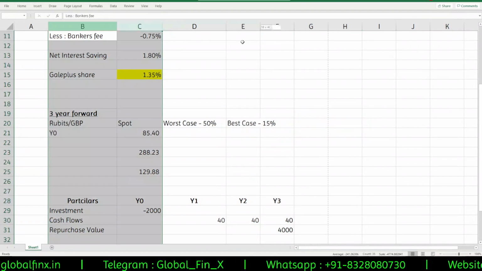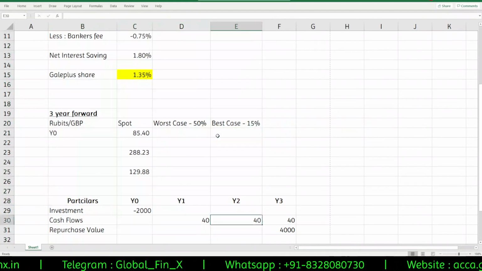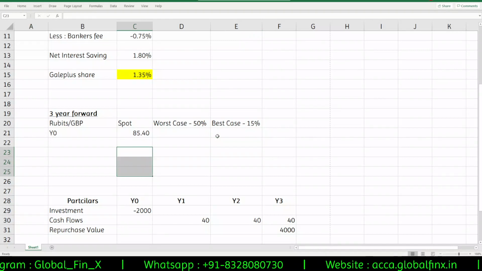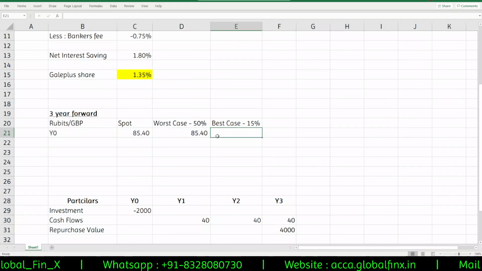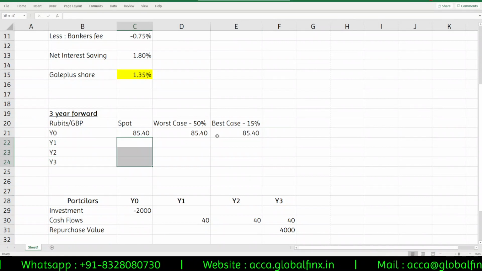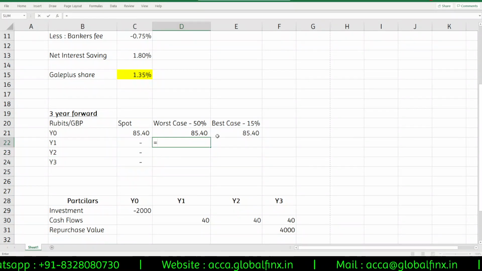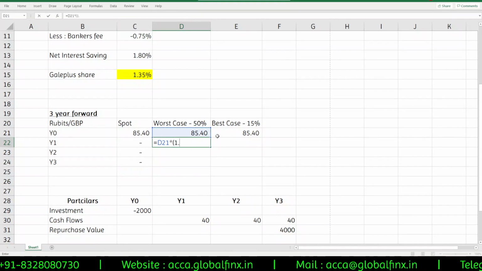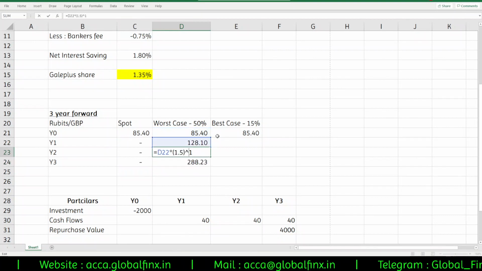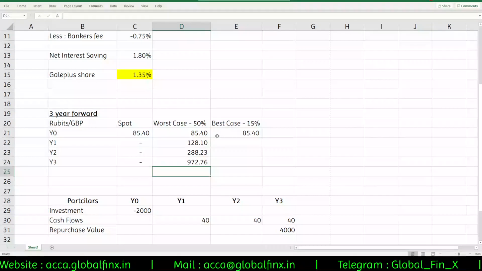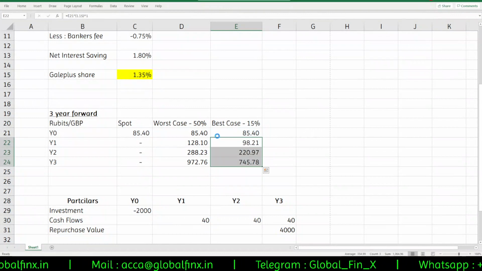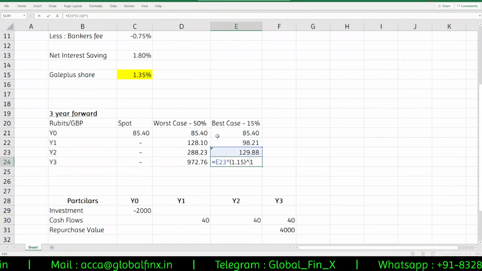Yeah, this looks good for me. This will be 1.15.